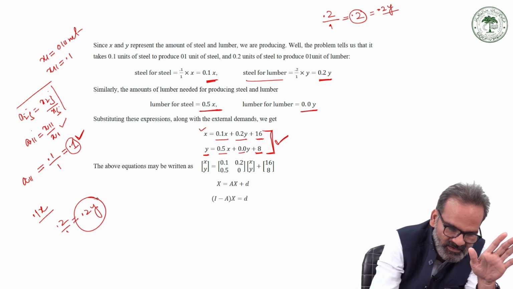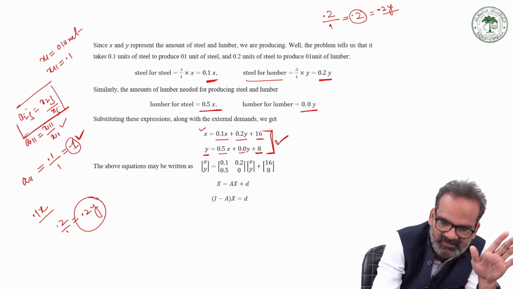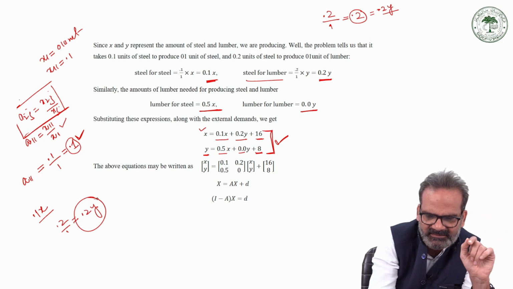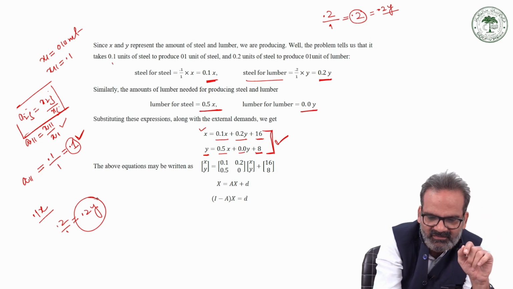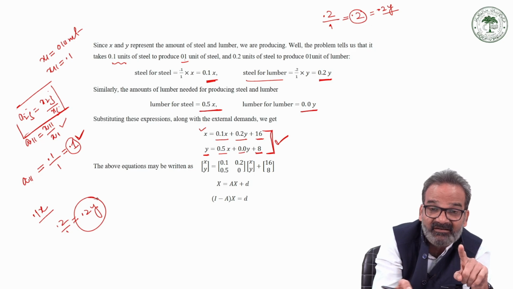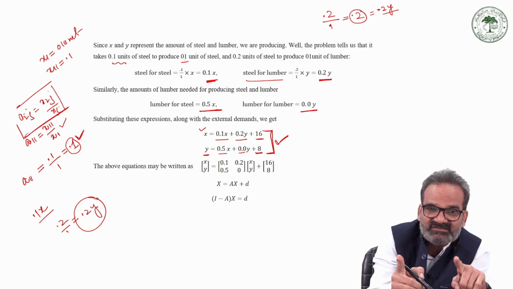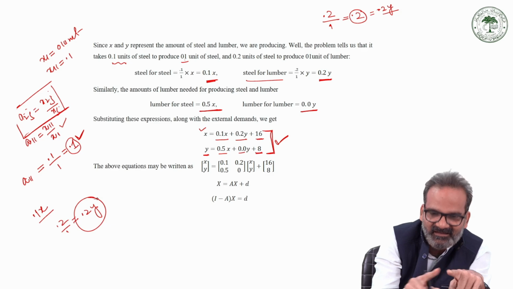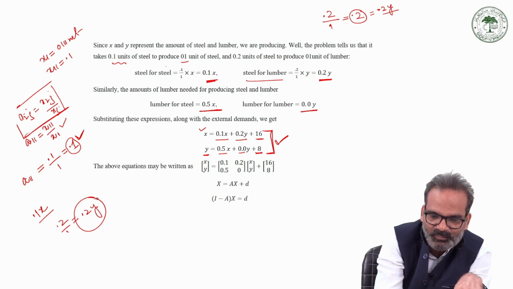Use this formula here. It will help you a lot. See, it is given that 0.1 unit of steel is needed to produce 1 unit. What do we want to calculate? A11 is the amount of steel required to produce 1 unit of steel. It is given here, 0.1 unit of steel needed to produce 1 unit.